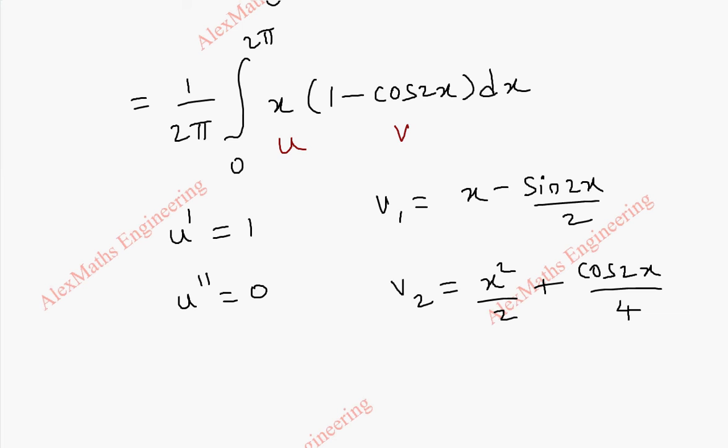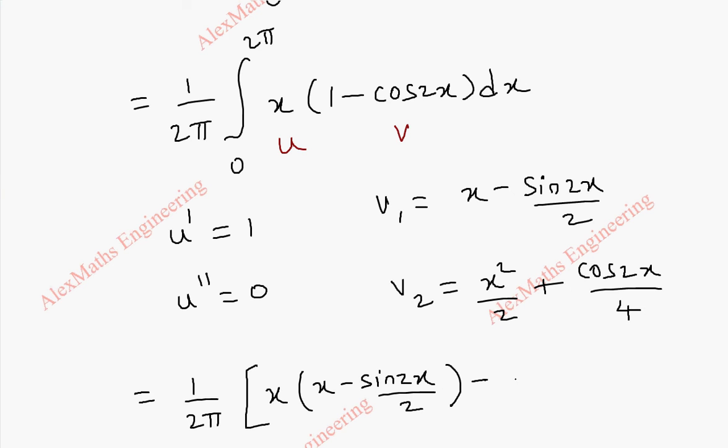Now using Bernoulli's formula, 1 by 2 pi, u v1, which is x into minus sin 2x by 2, minus u dash v2, which is x square by 2 plus cos 2x by 4. So we substituted u v1 minus u dash v2, and we have to put the limit 0 to 2 pi.